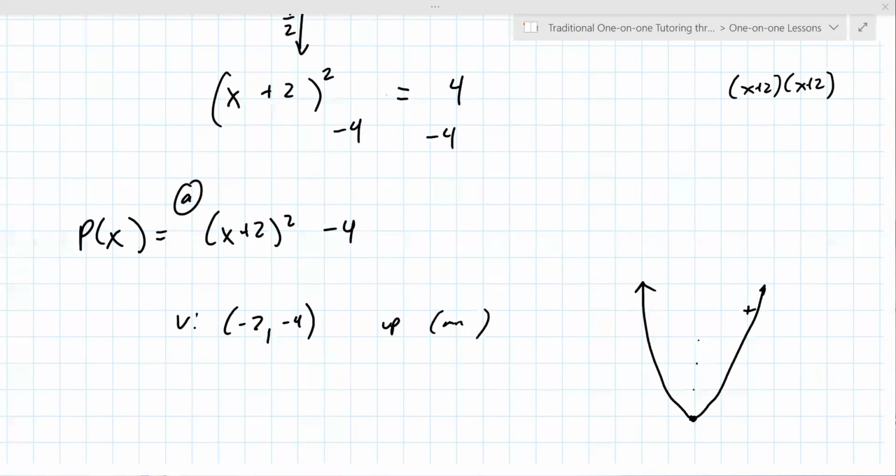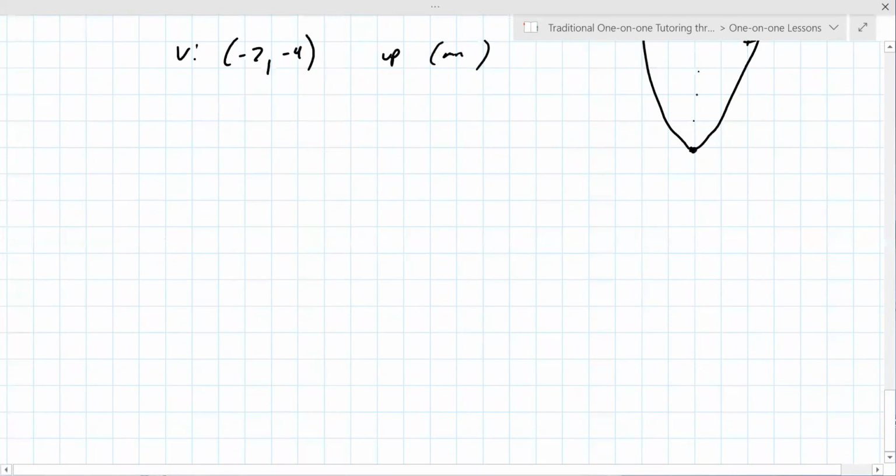All right, this is a spot where I'd like to give you a question that's not on your homework. We have plenty of time to finish, but let me give you one that's a little bit more likely to see. Okay, so they'll give you something like this, and it'll say to write in vertex form by completing the square.